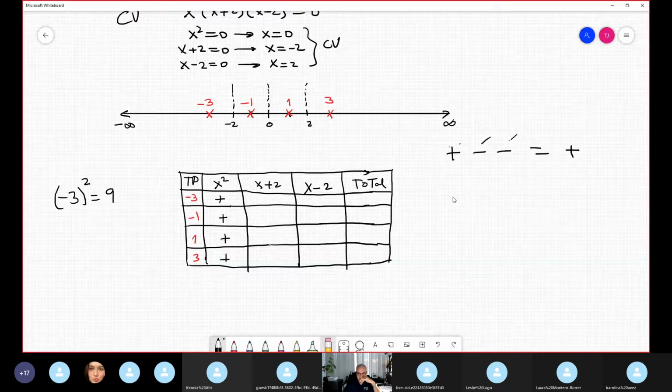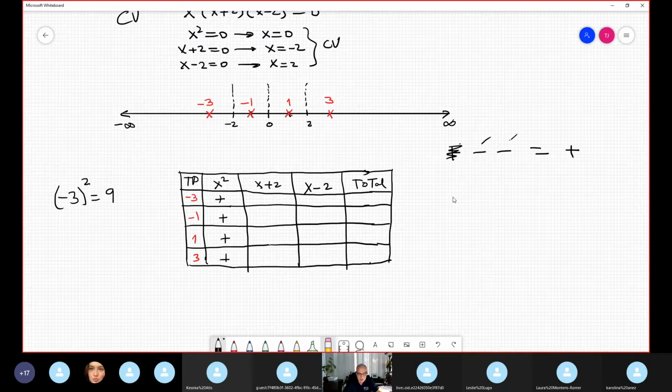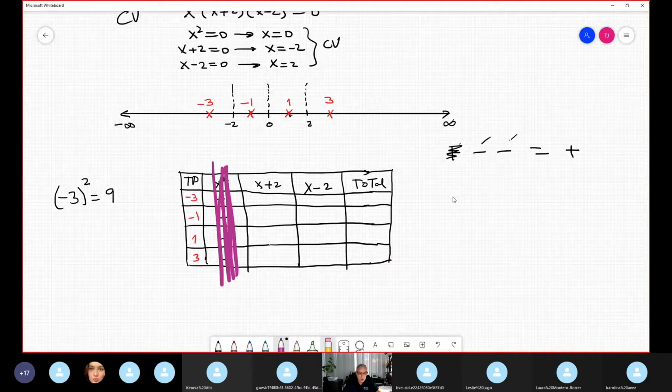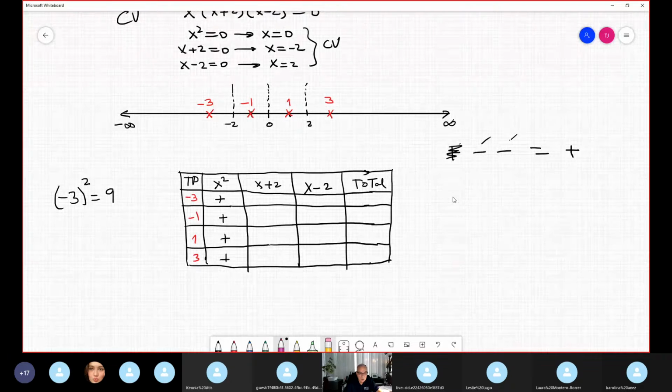So the positive is not important. If it's not important, you can omit that part. How do you know that you can omit it? Because any factor raised to an even exponent, when you square, is positive. So now you ignore, totally delete this factor. It is irrelevant, and you focus on the important part, which is x plus 2 and x minus 2.